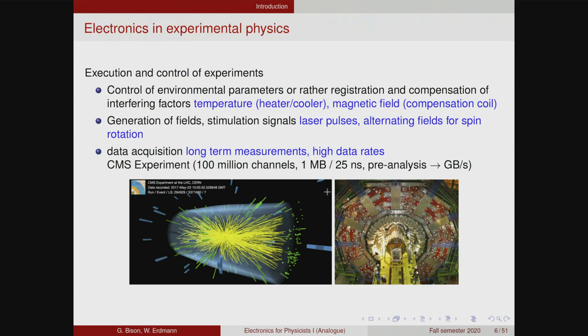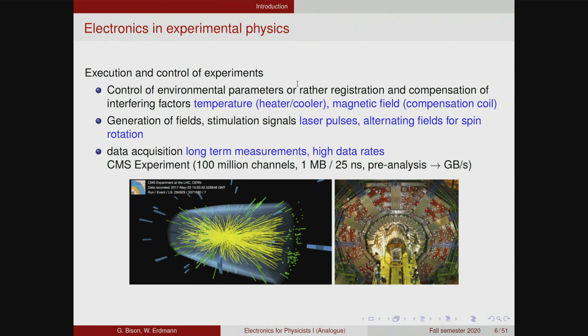Okay, and then if we scale that up, if we go to a really big, complicated experiment, like the CMS experiment where Wolfram is working, there we need electronics for several things. Control of the environmental parameters is an important thing.